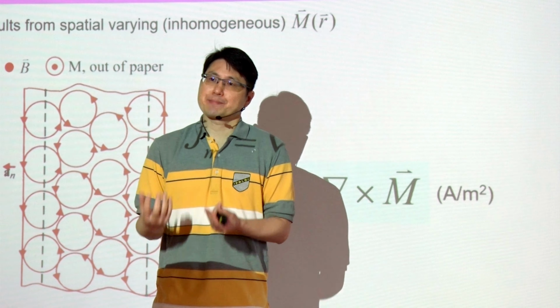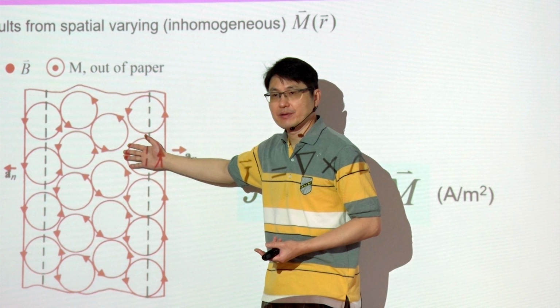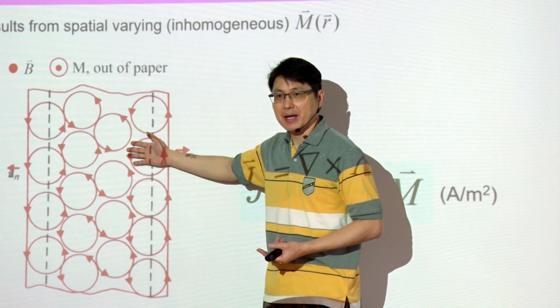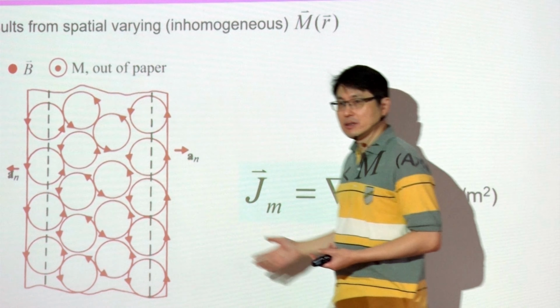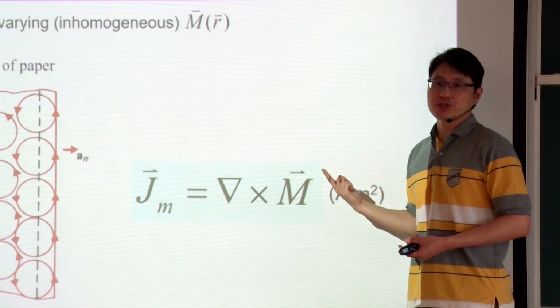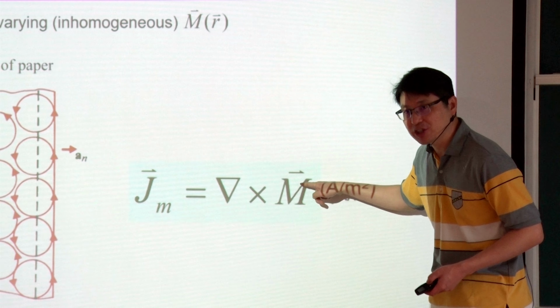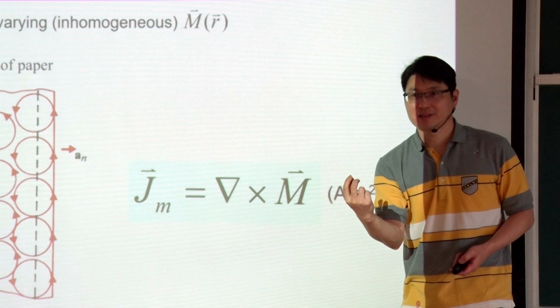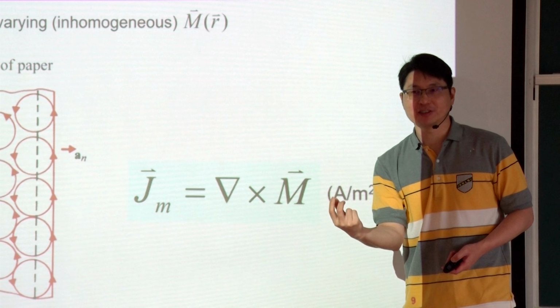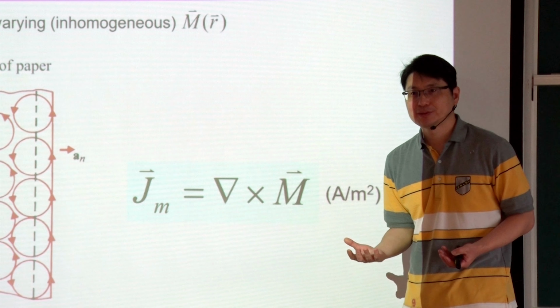So when do you expect to have a non-zero value magnetization current density? When do you expect to have the curl of M to be non-zero? If this M vector is a constant, it's not spatially dependent, the curl operation must be zero, right?